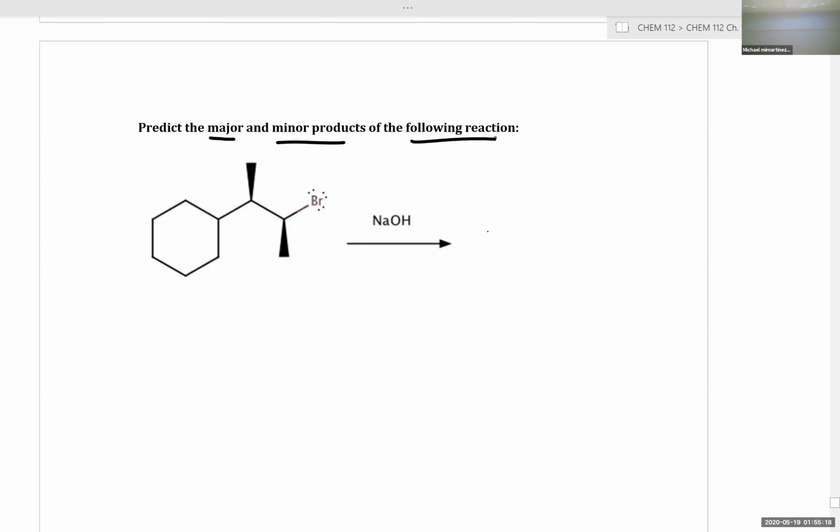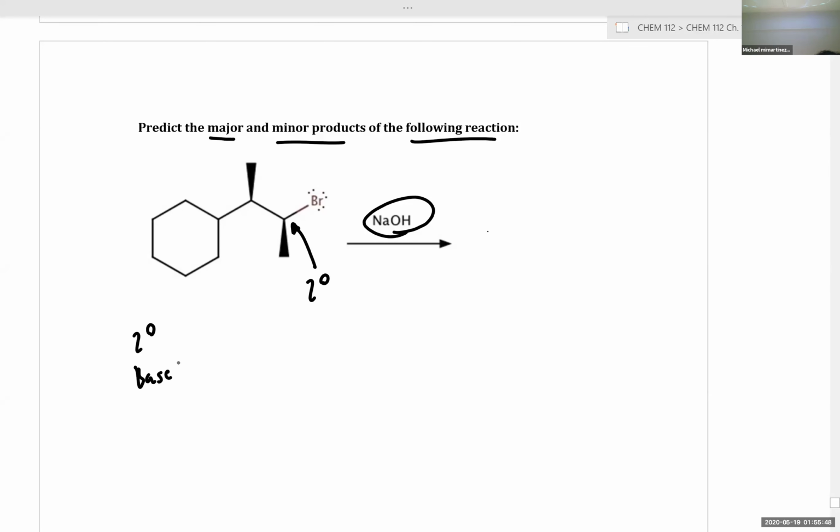So looking at the following reaction, we have sodium hydroxide. And looking at this position, is it primary, secondary, or tertiary? Is this carbon primary, secondary, or tertiary? So it's secondary, okay. Now, looking at our base, so we have a secondary substrate.